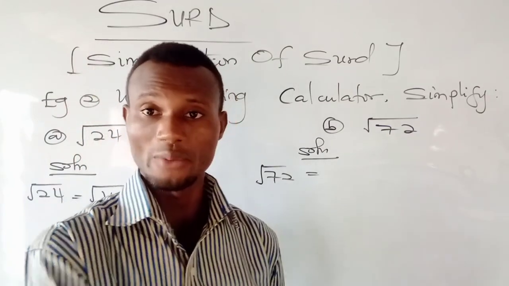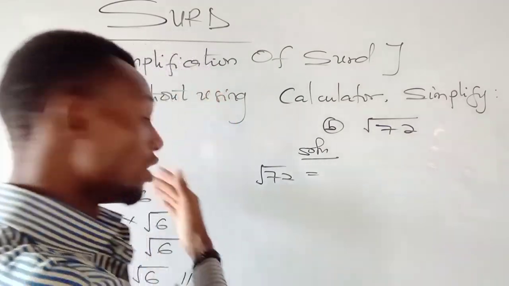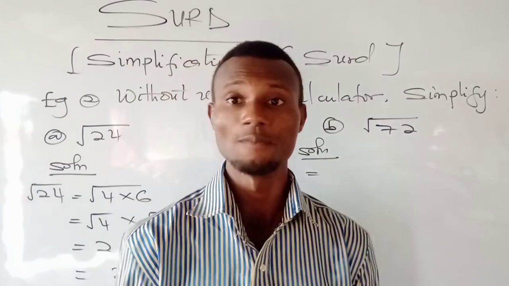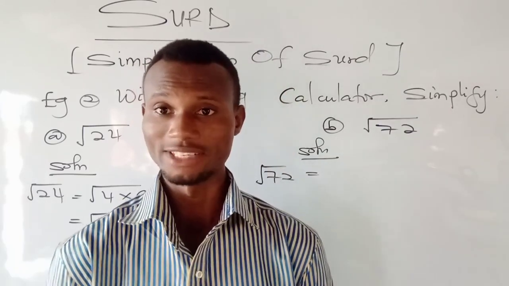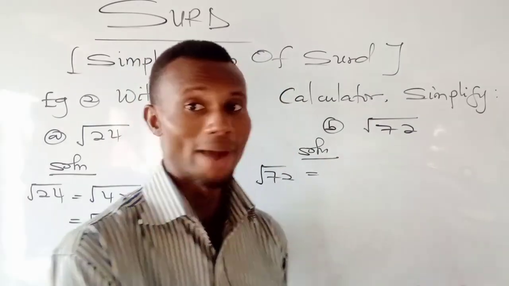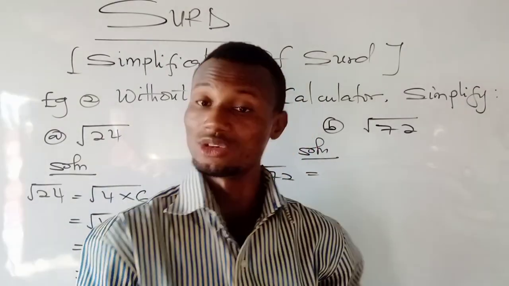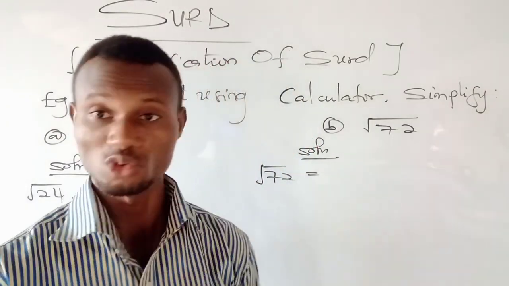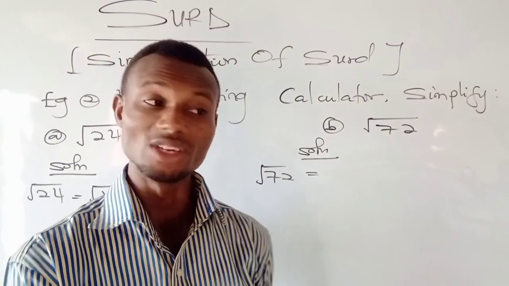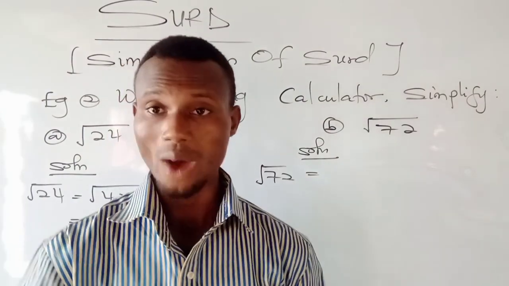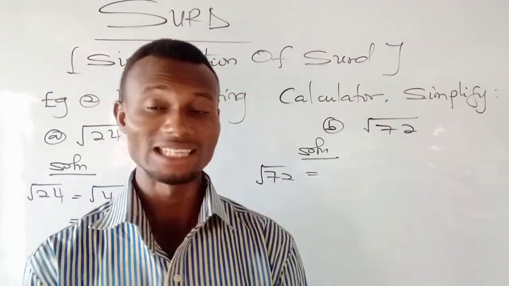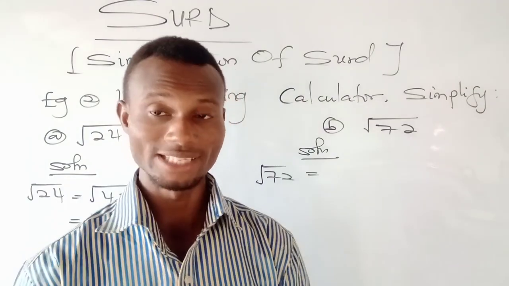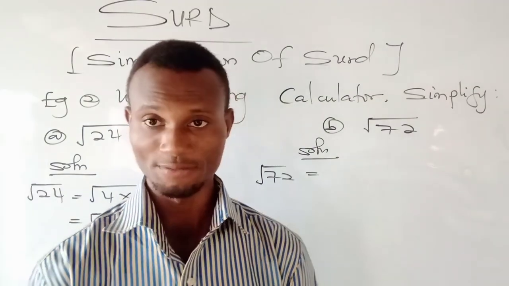Then you select the one which has a perfect square in it, as we did with this one. I believe by now you have a good understanding of it. That's why I'm jumping straight away by not writing all the possible 2 numbers down. So those 2 numbers that can multiply to give you 72 but have a perfect square in it is 9 times 8.